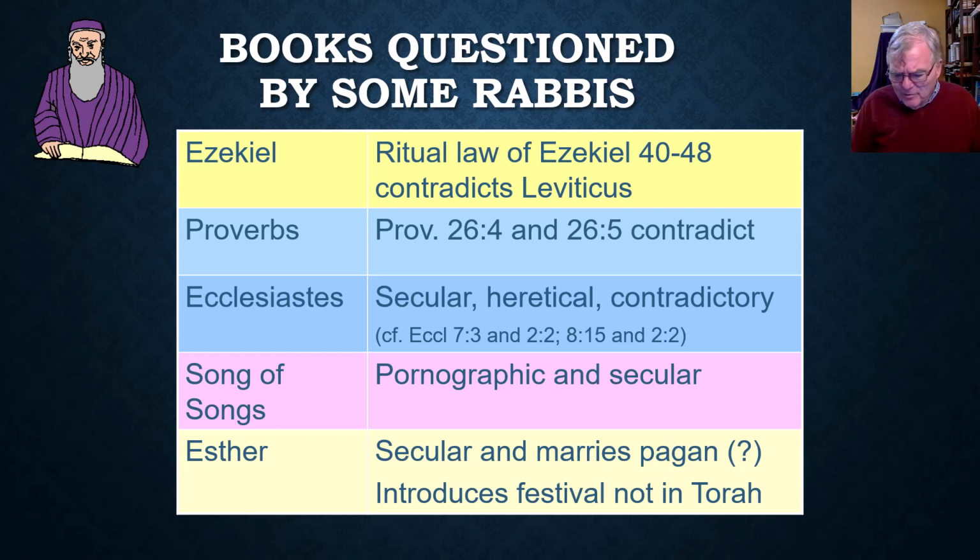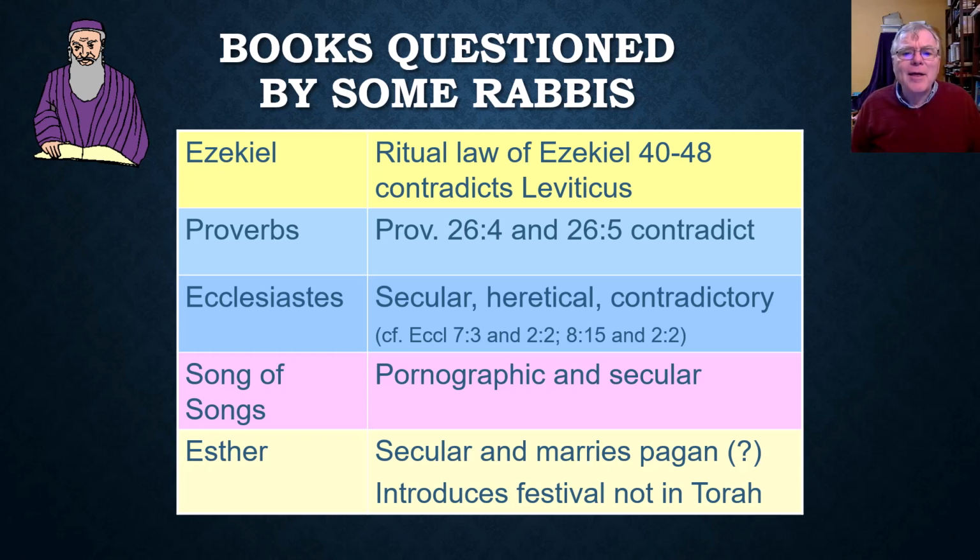Proverbs 26:4, do not answer a fool according to his folly. Then 26:5, answer a fool according to his folly. Well, which is it? Don't answer them according to their folly, or do answer them?